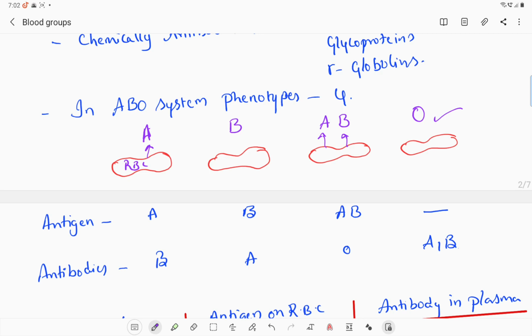Antigens are present on the surface of the RBC, and antibodies are also present. How many types of antibodies are there?